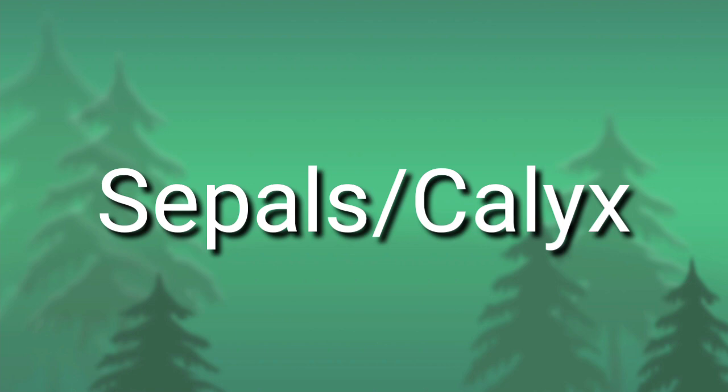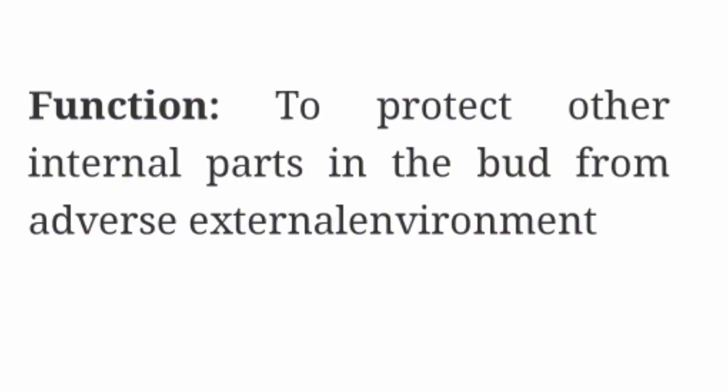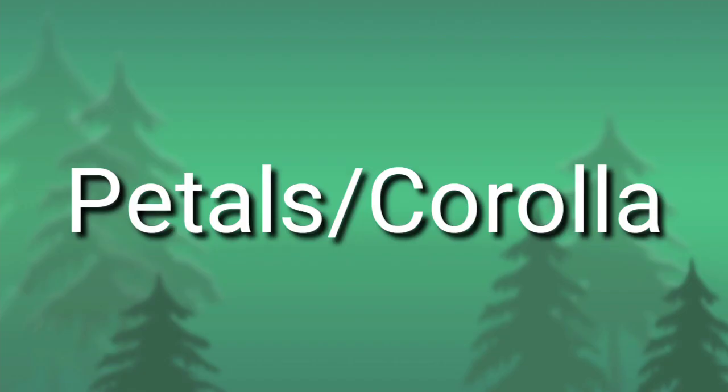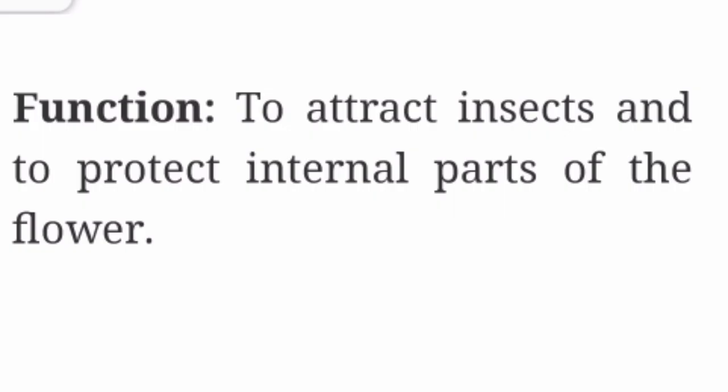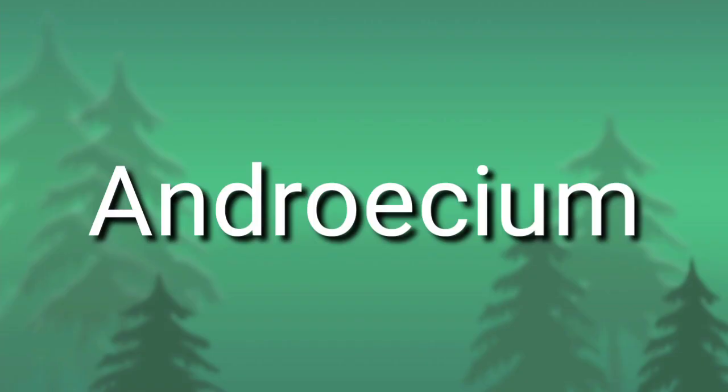Sepals or calyx. What is the function of sepal or calyx? To protect other internal parts in the bud from adverse external environment. Petal or corolla. Beautiful color petals. What is its function? To attract insect and to protect internal parts of the flower. Androecium.